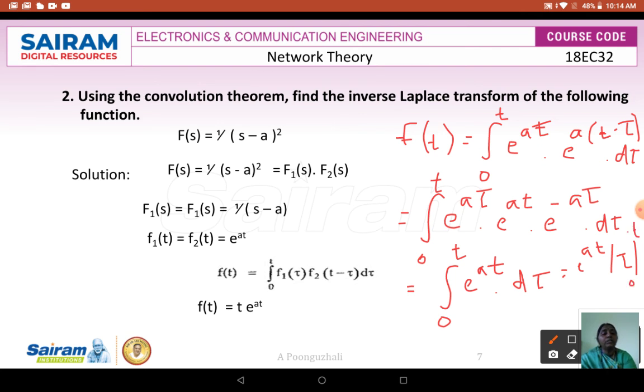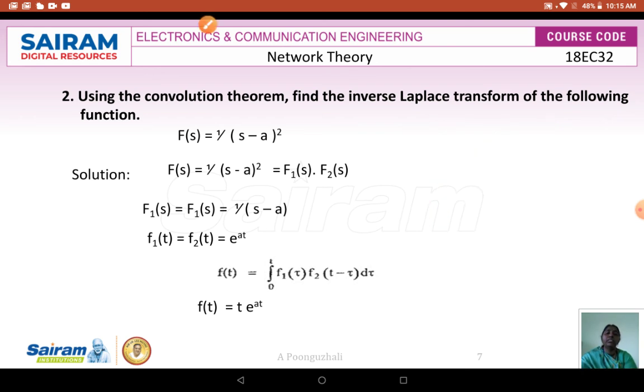If I substitute the limits, it is going to be t minus 0, with e power a t being a constant. So that means f of t is equal to t into e power a t. So this is the inverse Laplace transform of 1 by s minus a the whole square. Thank you.